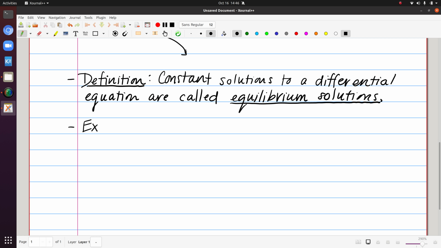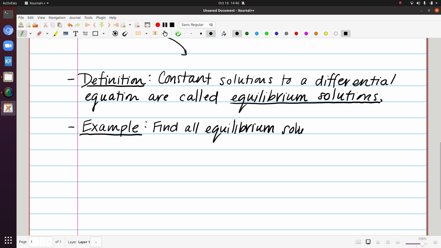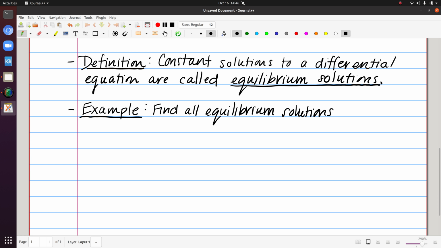So solving the differential equation in general is often difficult, but we should always be able to come up with equilibrium solutions. So I'm going to say find all equilibrium solutions, and we'll go through a few different differential equations. I'll also point out the equilibrium solutions are separate from initial value problems. We're not focusing on that here.